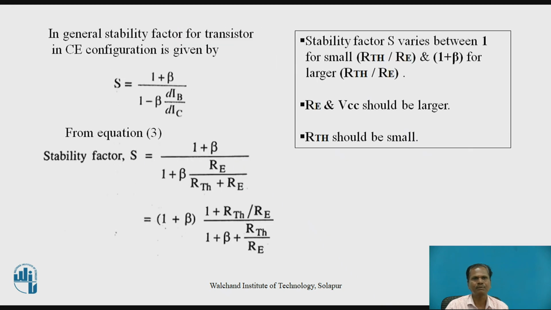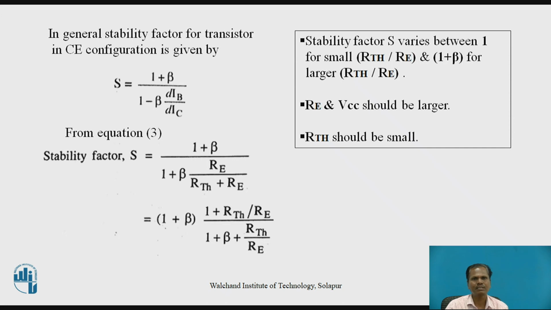In general, the stability factor for a transistor in common emitter circuit configuration is given by S equal to (1 plus beta) upon (1 minus beta into the derivative of base current with respect to collector current). So from equation 3, let us substitute the value of the derivative of IB with respect to IC. The stability factor for the voltage divider biasing circuit is given by (1 plus beta) into (1 plus RTH upon RE) divided by (1 plus beta plus RTH upon RE).